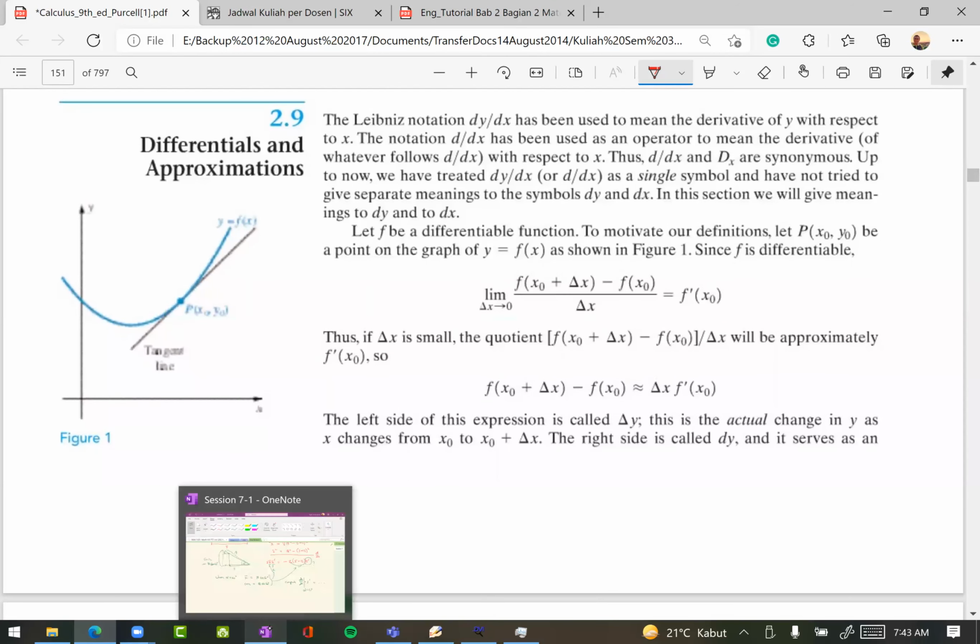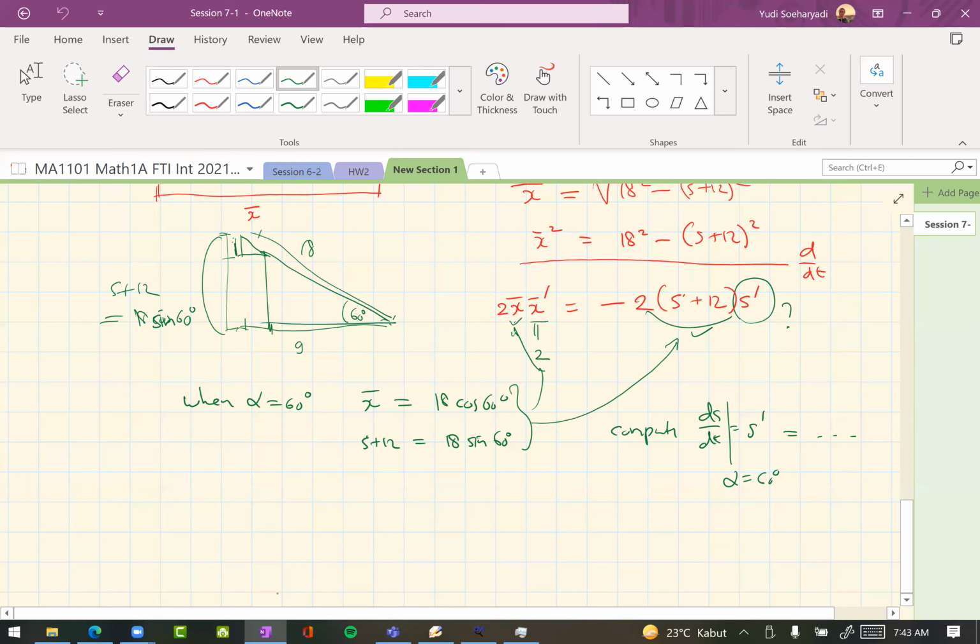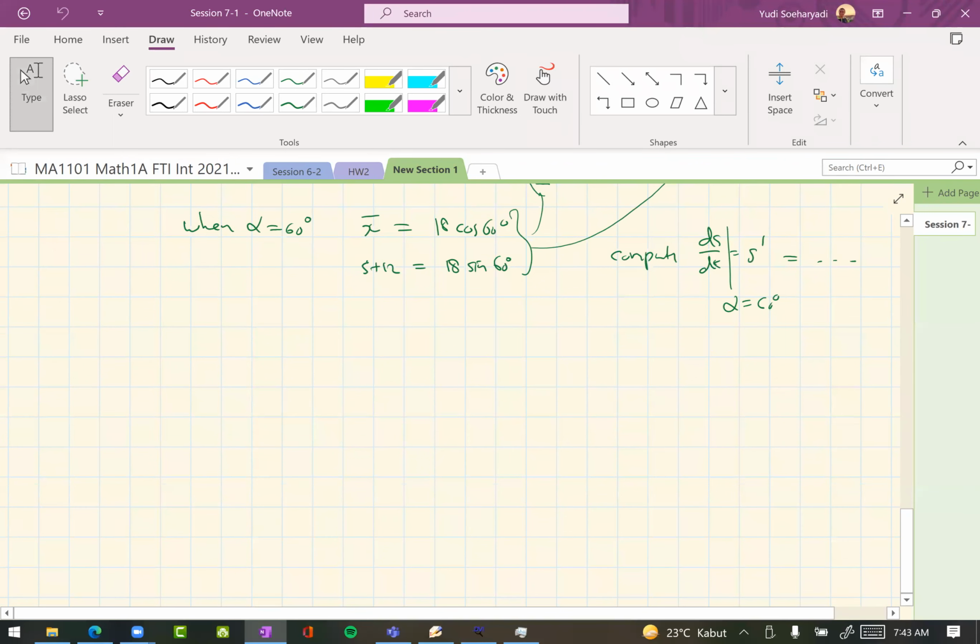Let me tell you a little bit of the history of calculus. Mostly the study of calculus really rests on two big legends of calculus, that is Newton and Leibniz.